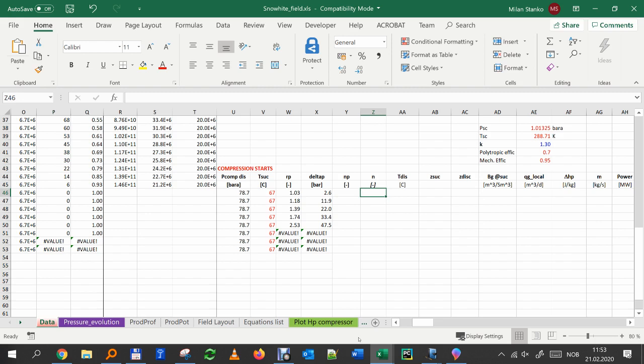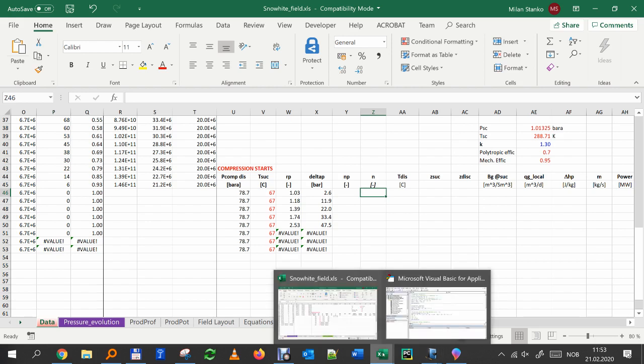If you have the K of the gas and the polytropic efficiency, which they determine by measuring the compressor, you can calculate N from that equation. The manufacturer has provided the polytropic efficiency, 0.7, and from there you have to calculate the N. I think there is an equation on the BBA to do that.